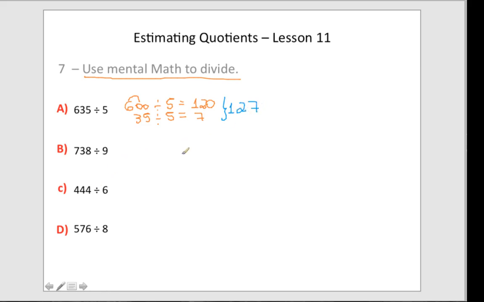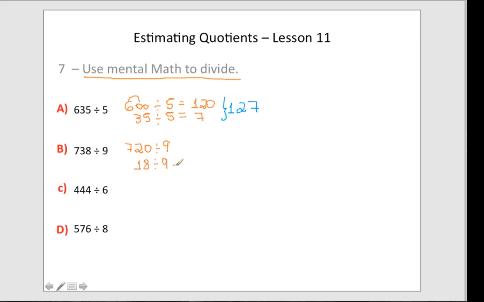And now I add here 120 plus 7, 127. Okay, guys. And here letter B. Letter B, teacher, it is divided by 9. I know that 72 is divisible by 9. So I will do 720 divided by 9, but still missing 18. 18 is also divisible by 9.